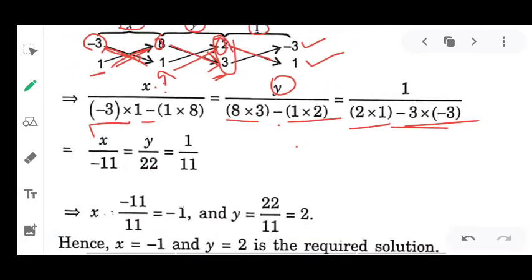Clear? Next, minus 3 into 1 is minus 3, and 1 into 8 is 8, so minus 8: minus 3 minus 8 equals minus 11, equals y by 8 into 3, 24, minus 2, that is 22.